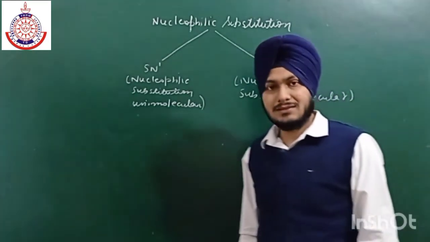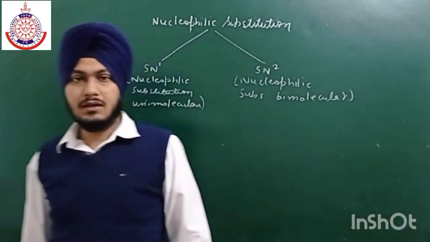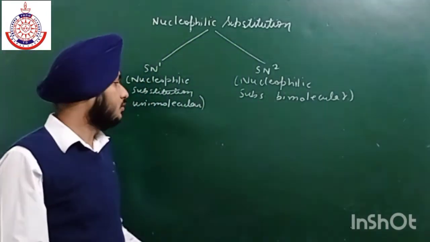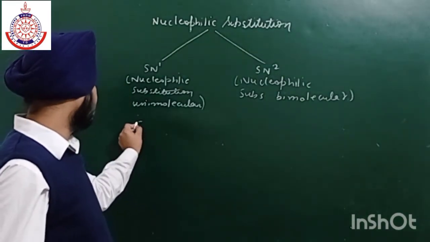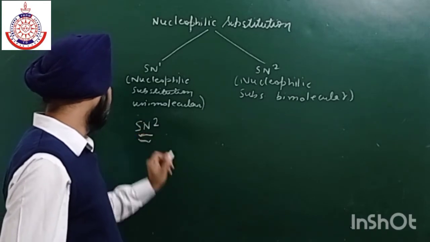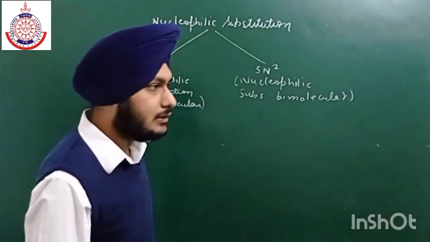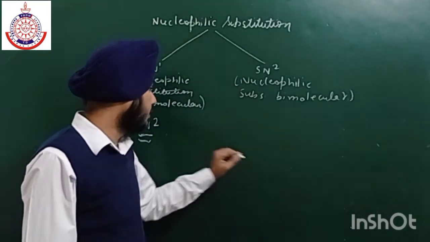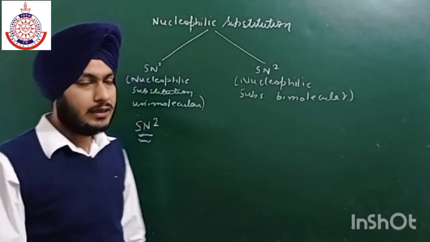Now let us discuss them one by one. So firstly I am discussing SN2. Okay, so what is an SN2 reaction? In this reaction, firstly I am taking a substrate.